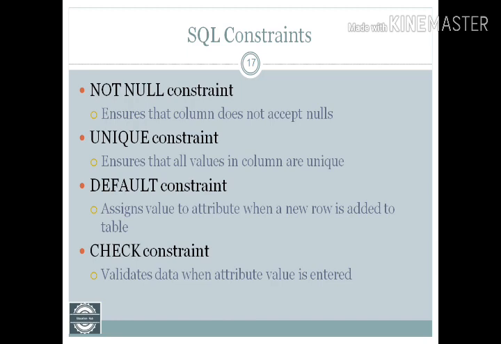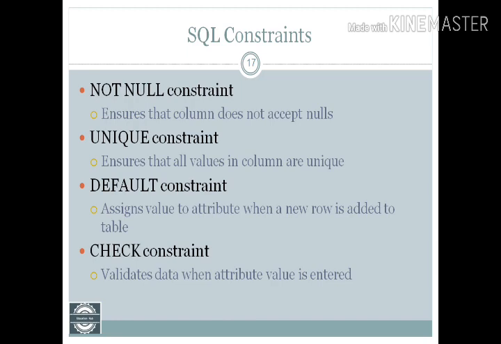Default constraint will assign values to the attribute when a new row is added to the table. Obviously, when another record is created, that is another row, you have to give some values. You cannot make it blank. That is also the default constraint.